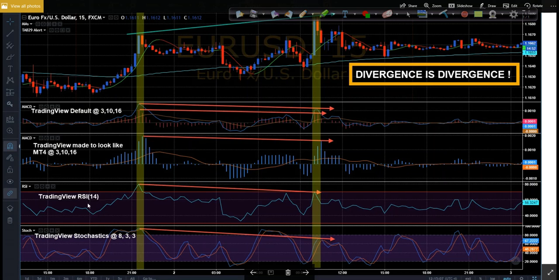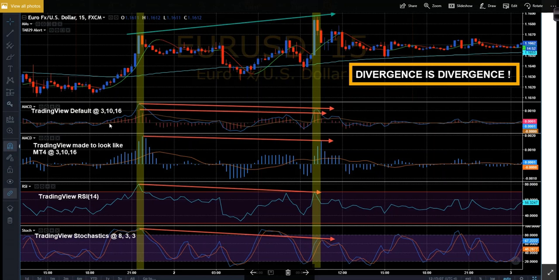Here's a standard RSI 14 single plot, and here's TradingView stochastics with an 833 parameter setting. And what you'll notice up here in price, if I move away my drawing tool, from one pretty high swing to the next high swing, price has moved up.